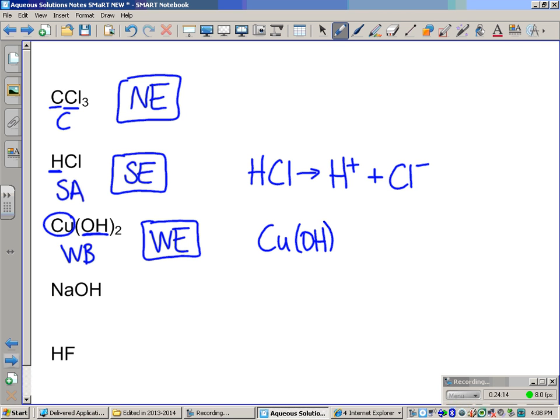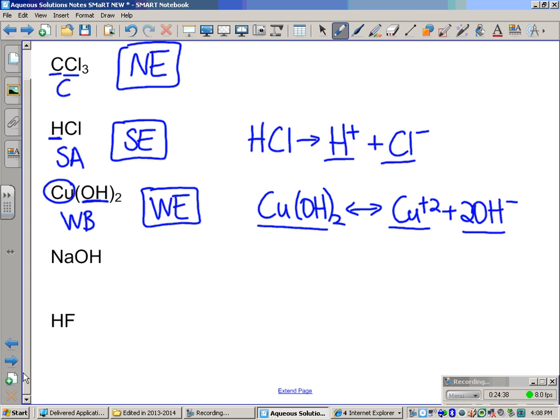The double-sided arrow, again, is going to indicate that both sides of the reaction are present. So that means in this beaker, there is Cu(OH)2, there is Cu plus 2, and there are 2 OH minuses for each time this thing breaks up. For HCl, this was all that was in the beaker. H plus and Cl minus, single-sided arrow.